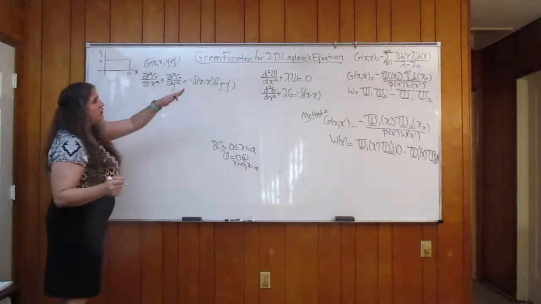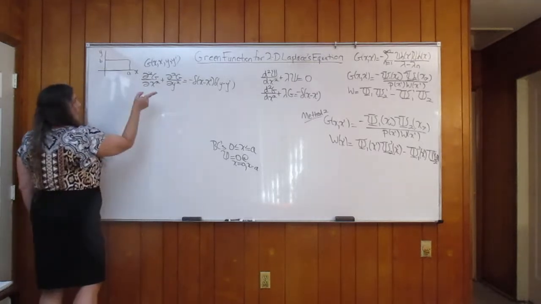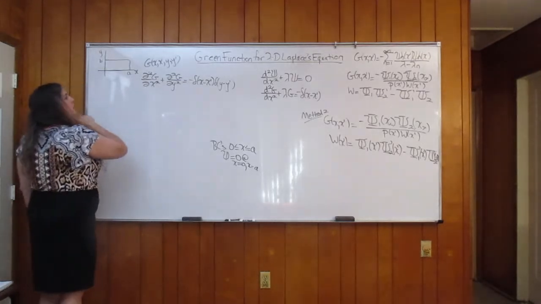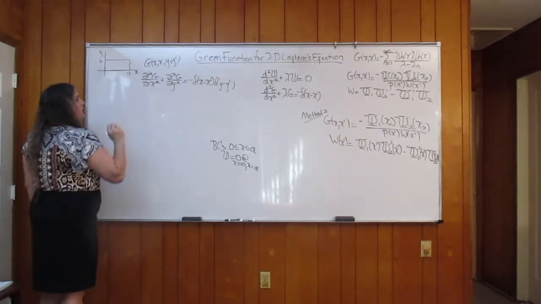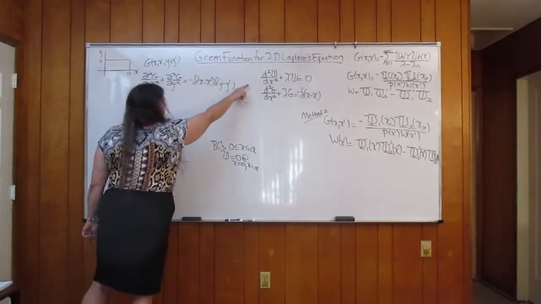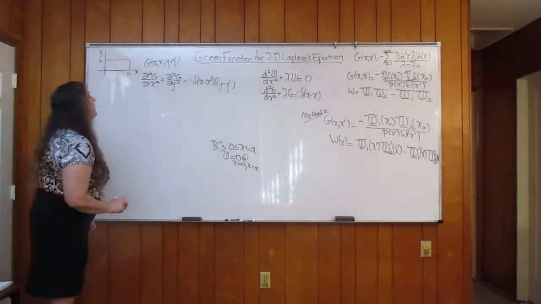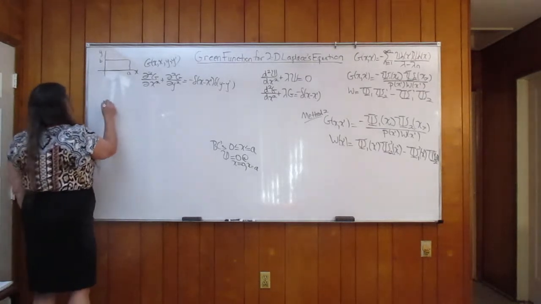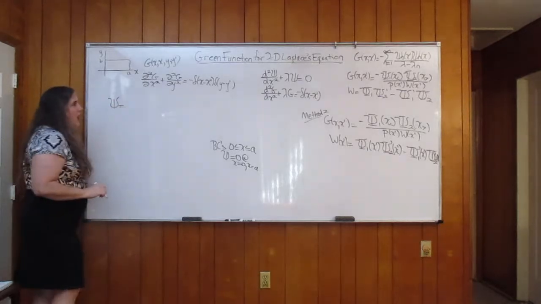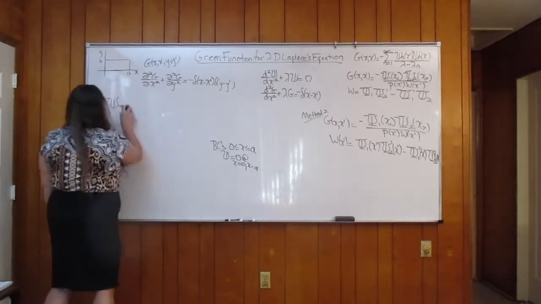Okay, so let's take a look at that first expansion. And we need to solve this homogeneous equation for the eigenfunctions and corresponding eigenvalues. So if I look at that, what is the solution here?